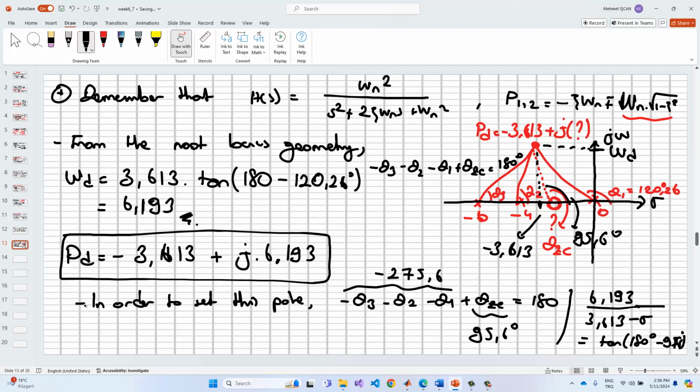And so our result is that we need to add the zero at 3.660. Where is it coming from? It's coming from just using the tangential properties of these terms.